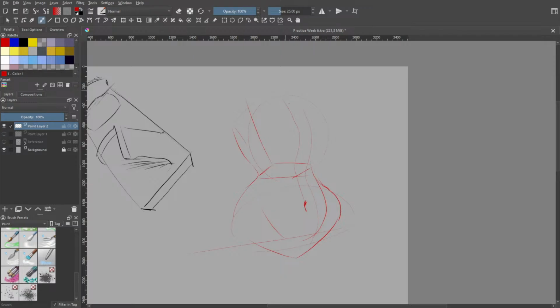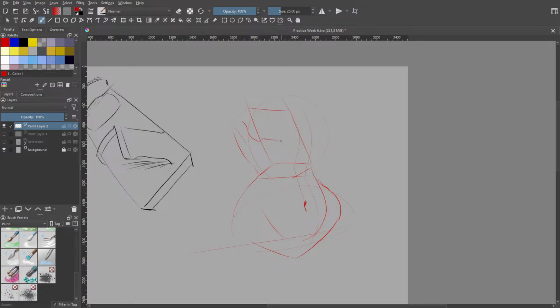Maybe. Right, so the pectoralis kind of goes around here to then wrap back around in here.